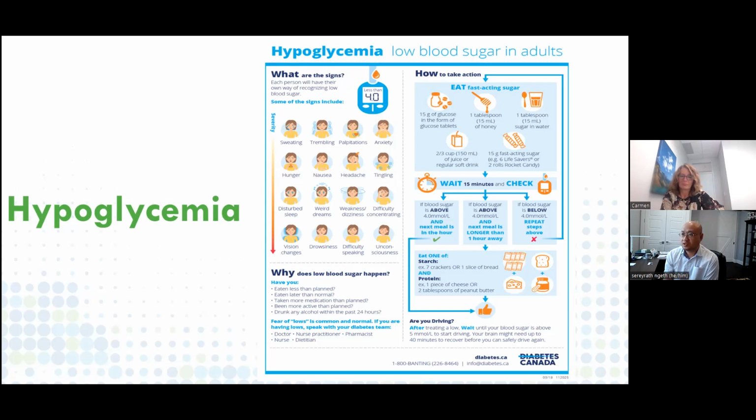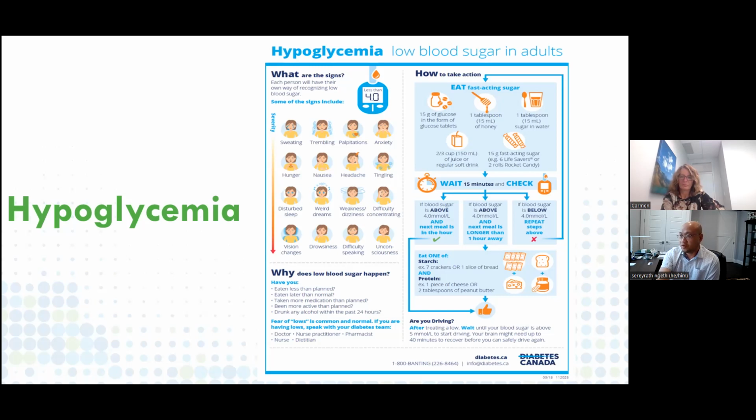If your blood sugar is above 4 and your next meal is longer than an hour from that time, then you should take a bit more carbohydrate. So a slice of bread will do. And it's recommended to also take it with a piece of cheese or peanut butter to slow the absorption of the starch.